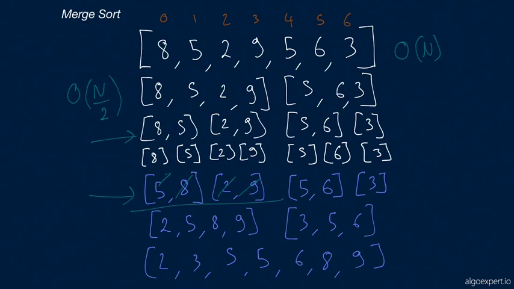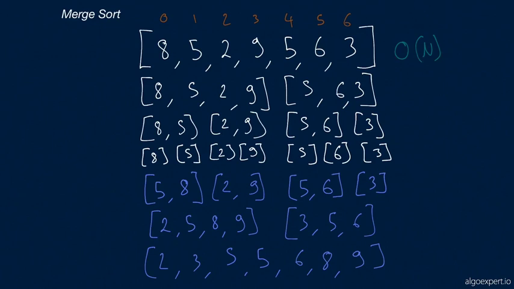Another way of putting this is we know that it takes O of n time to do the dividing and then merging at the first call of merge sort. So for these two subcalls, it's going to take half of O of n.